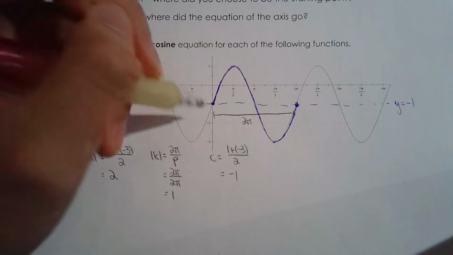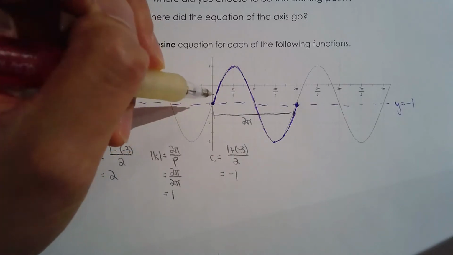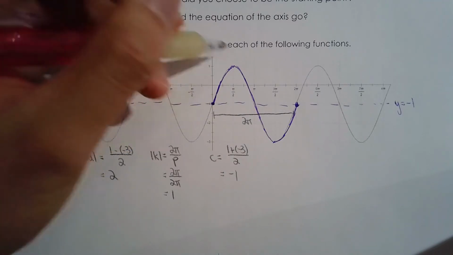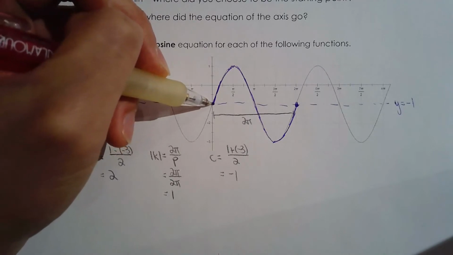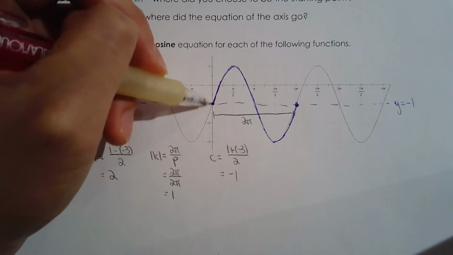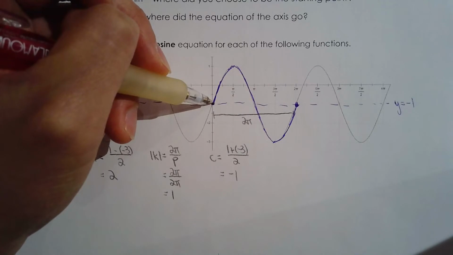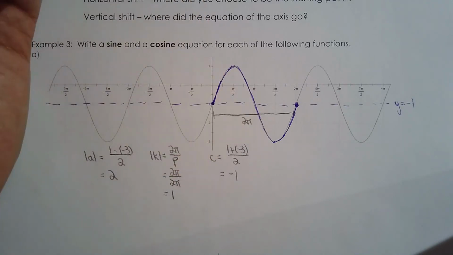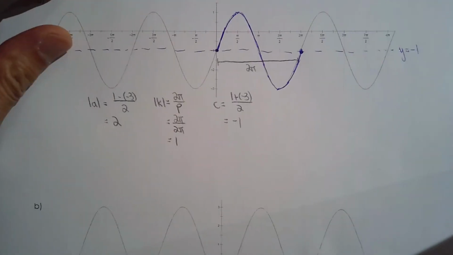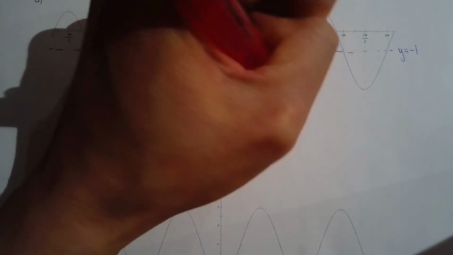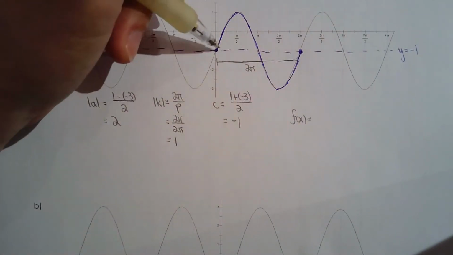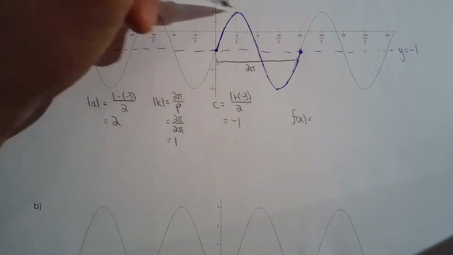Since I started drawing with my purple pen when x was equal to 0, on the y-axis, that means there is no horizontal shift. So my first equation is f of x equals, now look at this beautiful purple cycle here.